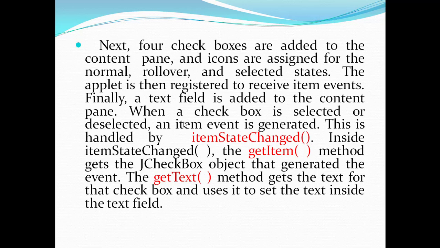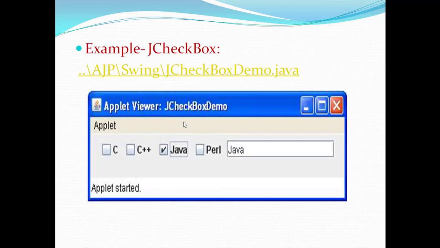The getText method gets the text for that checkbox and uses it to set the text inside the text field. See this example. These are the four checkboxes: C, C++, Java, Perl. Whenever we click on any one checkbox, that text will be displayed in the text field. See the example.